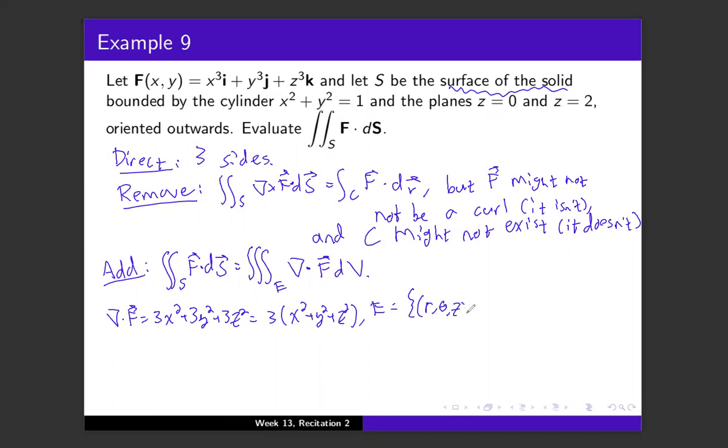In r theta z, r is between 0 and 1, theta is between 0 and 2 pi, and z is between 0 and 2. Outward oriented, not a problem.